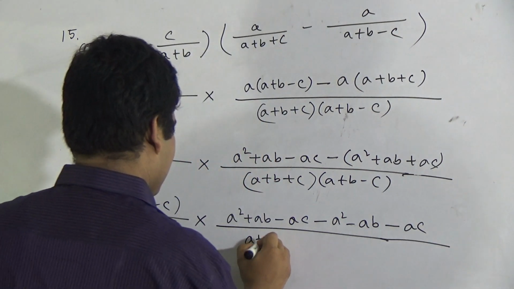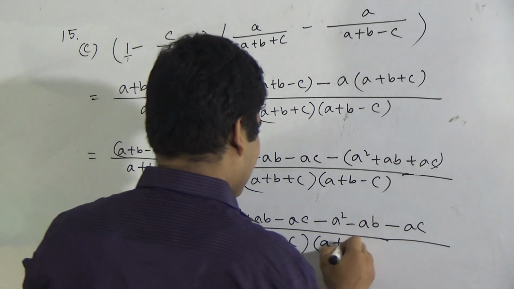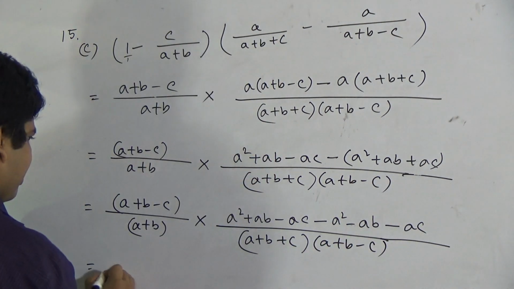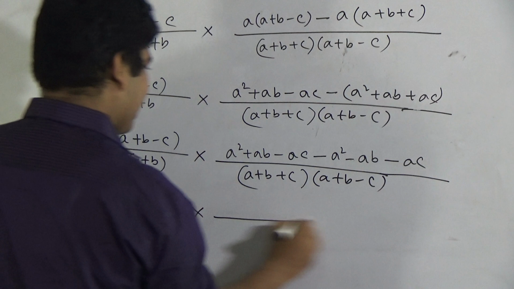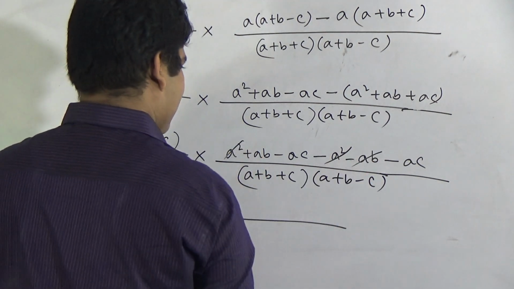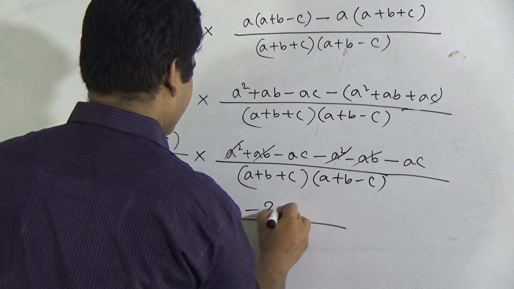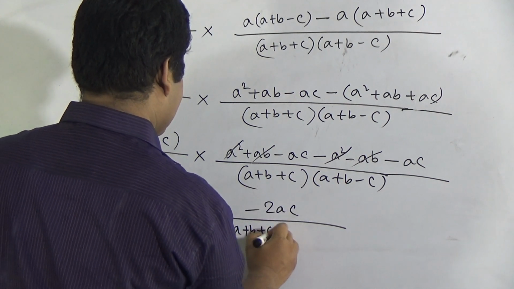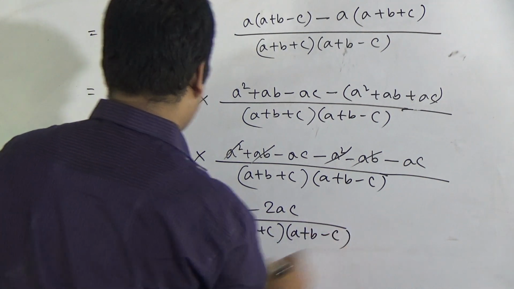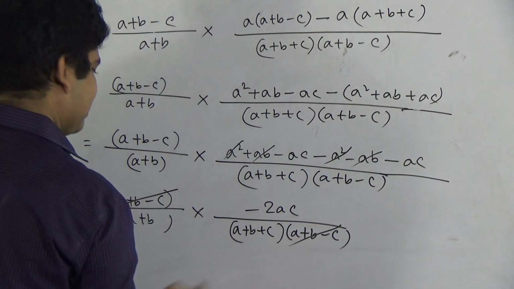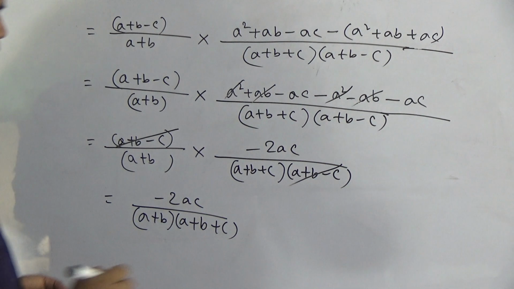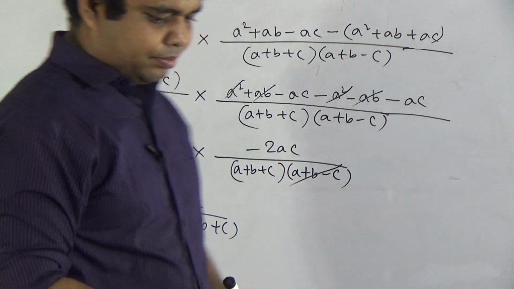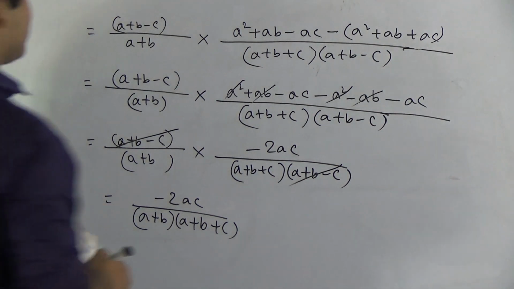And here we write A plus B plus C and A plus B minus C. Now A plus B minus C by A plus B, and here notice A square and A square cut, minus AB plus AB are cut, and here minus 2AC, and here A plus B plus C and A plus B minus C. My dear students, now we got this number and this number, and here left minus 2AC divided by A plus B into A plus B plus C. So this is the answer of this question.